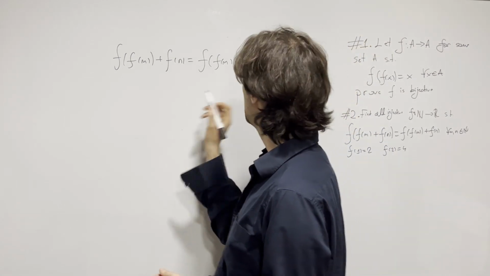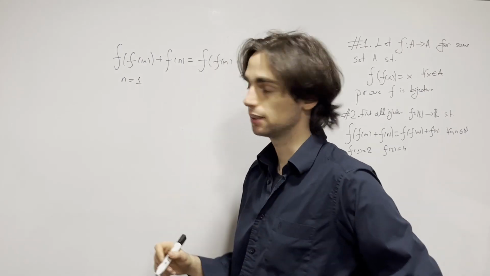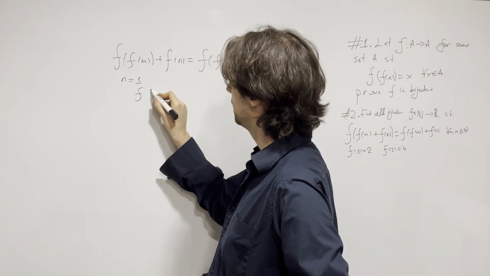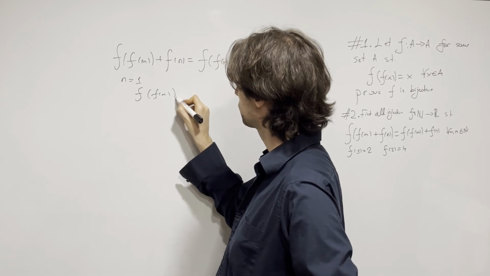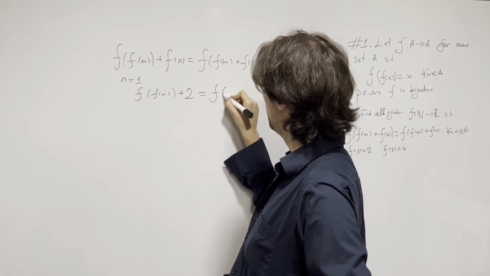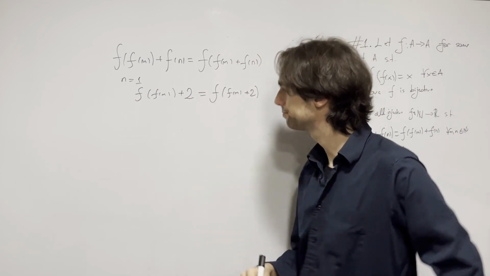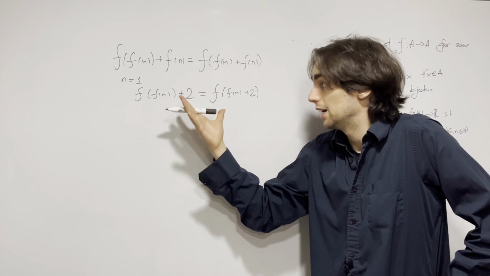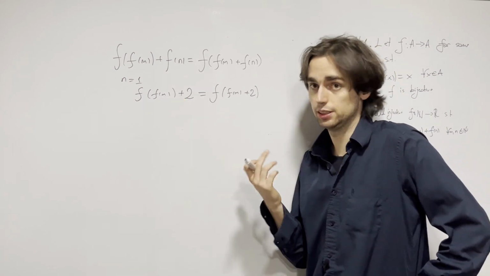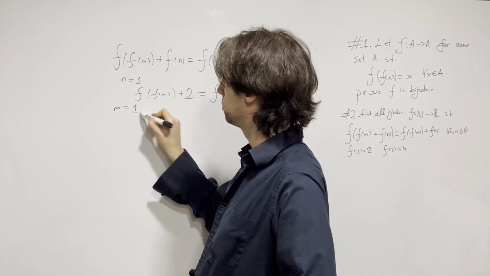So plugging in, let's say n is equal to 1. What does that give us? That gives us f of n plus 2 is f of m plus 2. I don't see much value in this just yet. Now what if m is equal to 1?